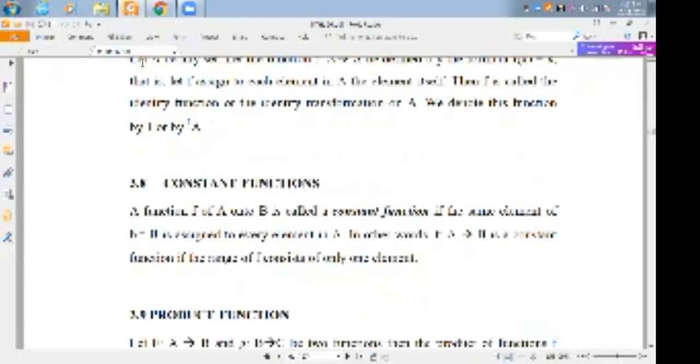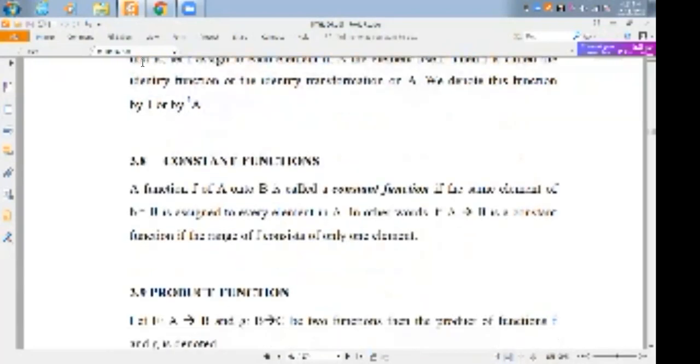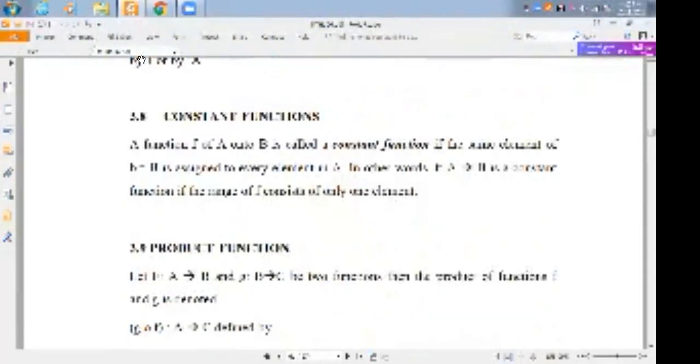Another type of function or mapping is what we call constant function or constant mapping. When you have two sets, let's say set A and B, a set A being mapped to a set B, when all the elements in set A have the same element in set B assigned to them, is what we call constant function or constant mapping.